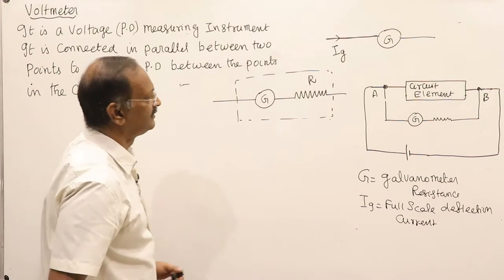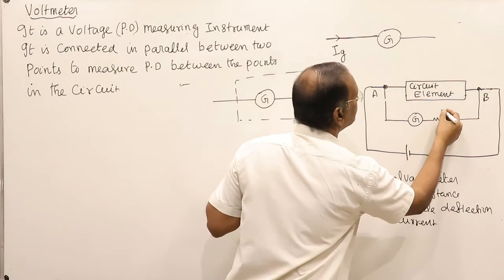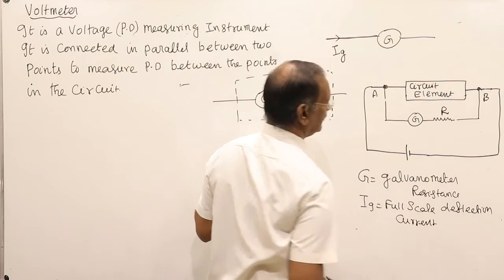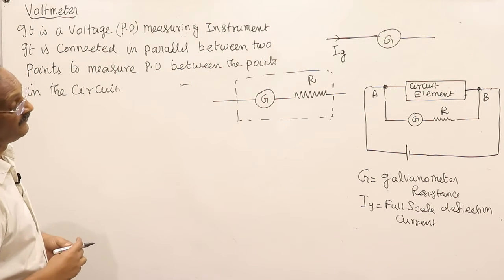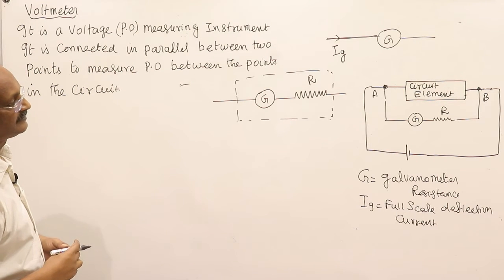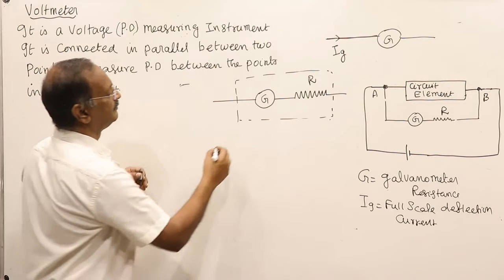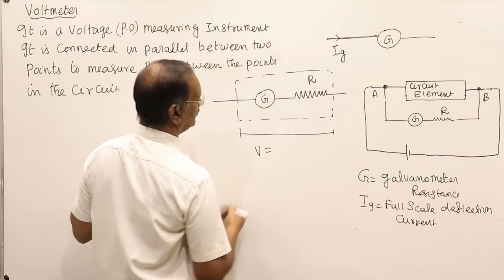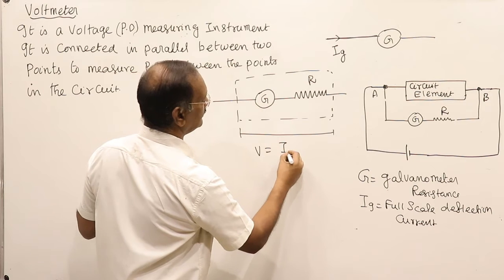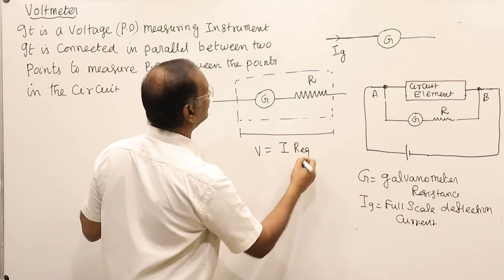Now, what is the value of the R? This is the R, the high resistance connected in series with the galvanometer. So what is the potential difference across this? V is equal to I into R equivalent. Why do we call it equivalent?